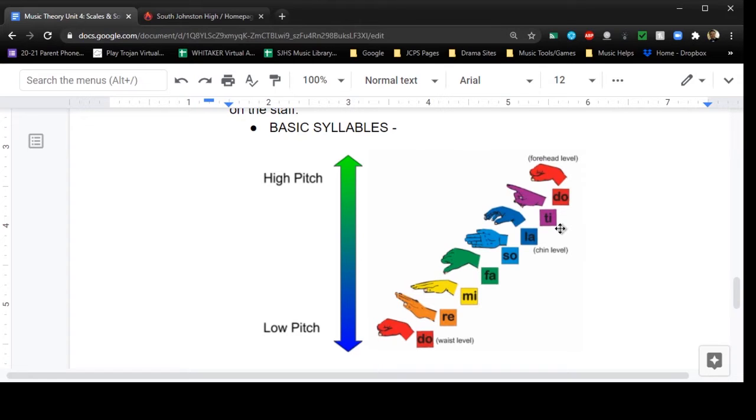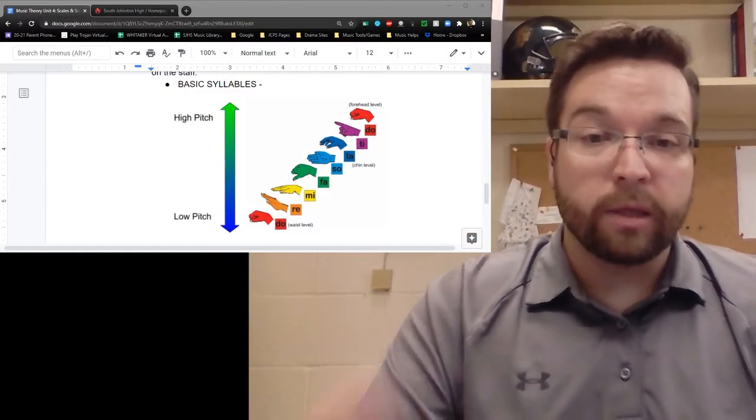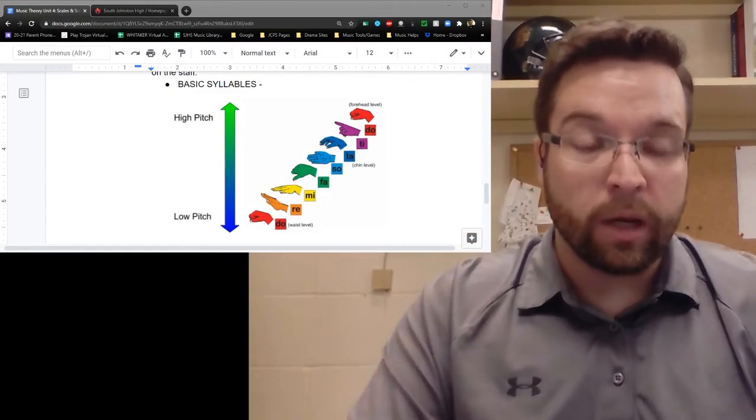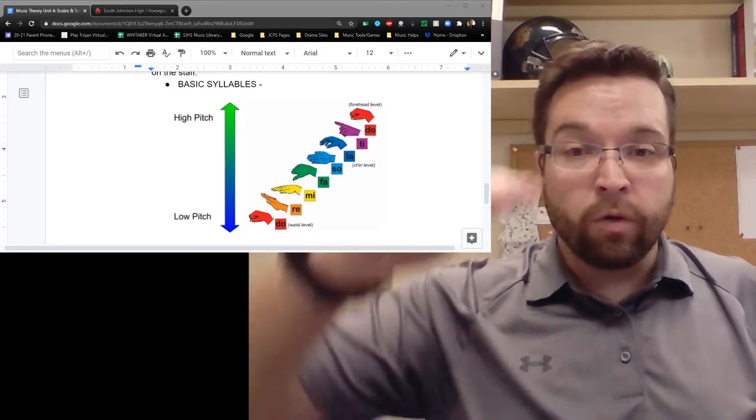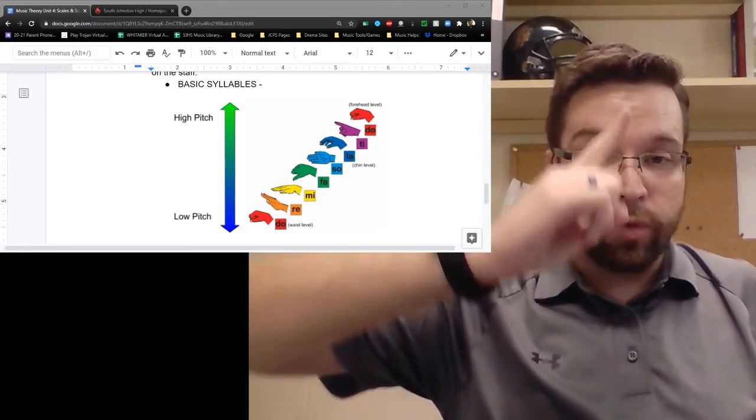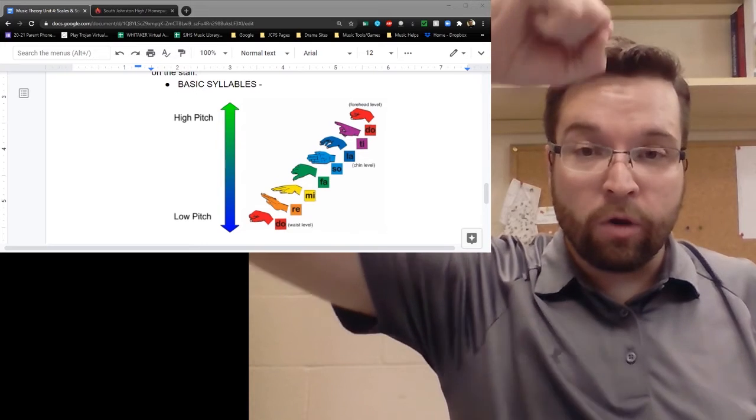Ti, especially if you go up the scale, is what we call a leading tone, because it wants to lead us back to do. Our ear, especially if we grew up with what we call Western music, this is part of Western music notation, Western music pitch. The ti is a leading tone wanting to lead you to do, our home tone.